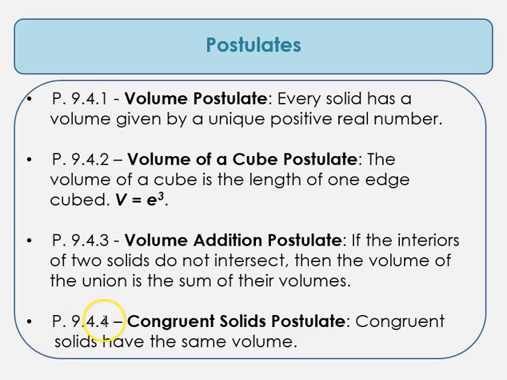Postulate 9.4.4, congruent solids postulate. Congruent solids have the same volume. So if you have two solids that are congruent, they're going to have the same volume. This just makes sense. However, we'll have a little tweak on that in a moment, and that's why we have a postulate for this.